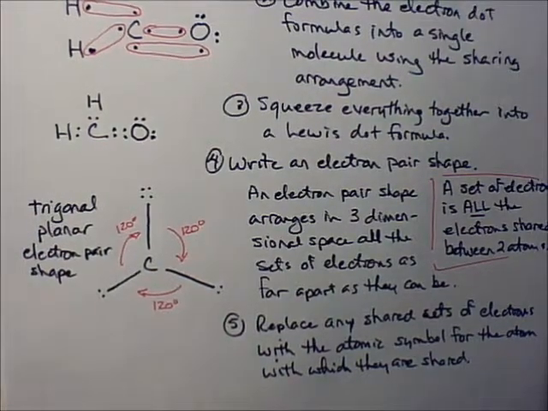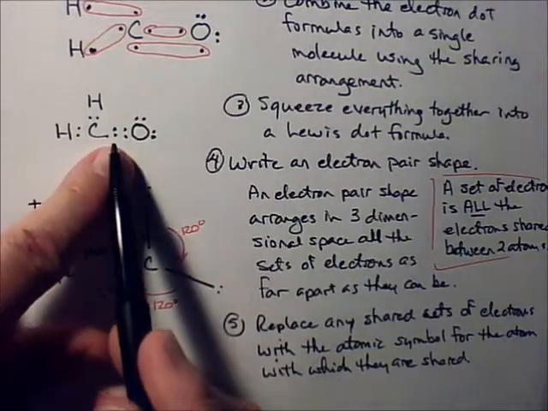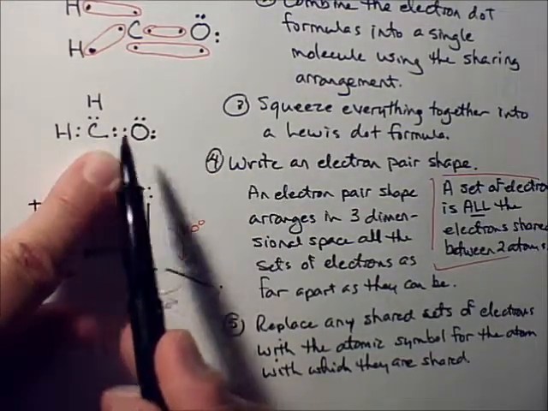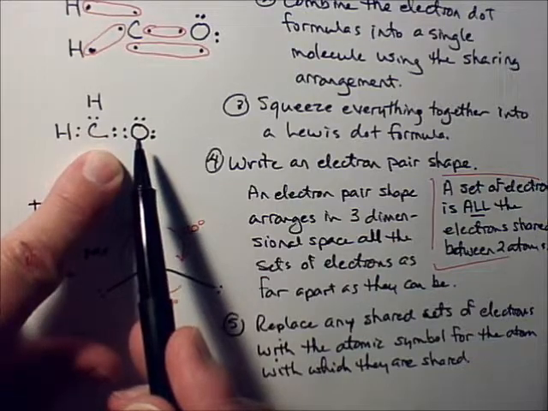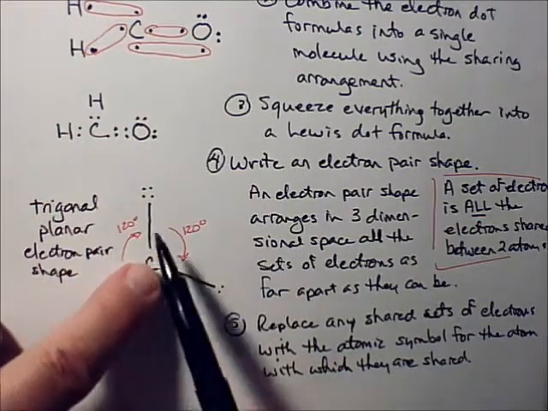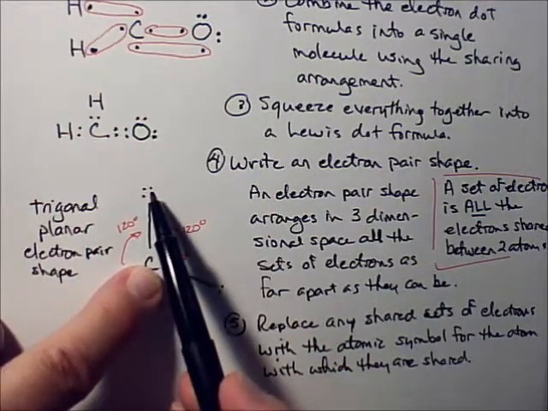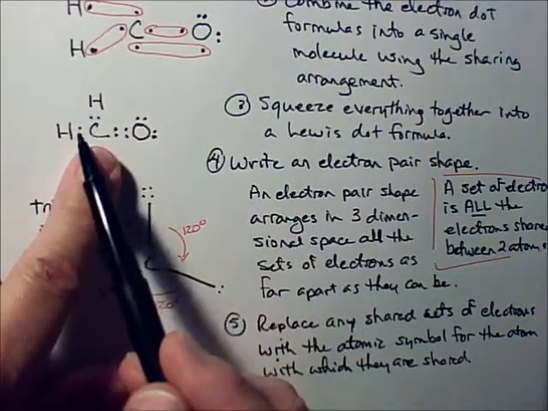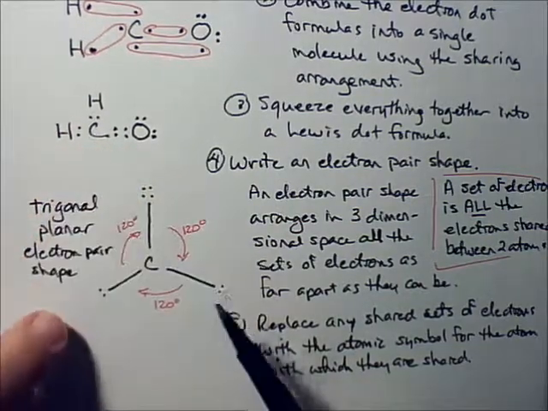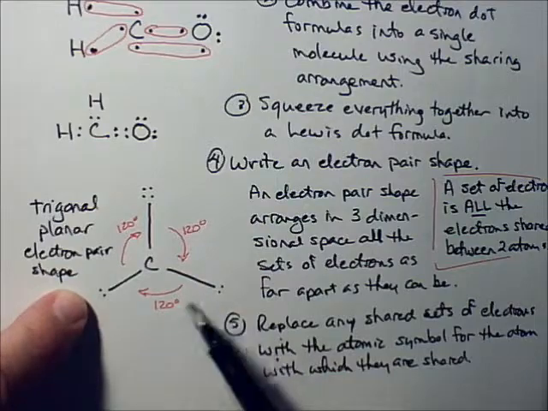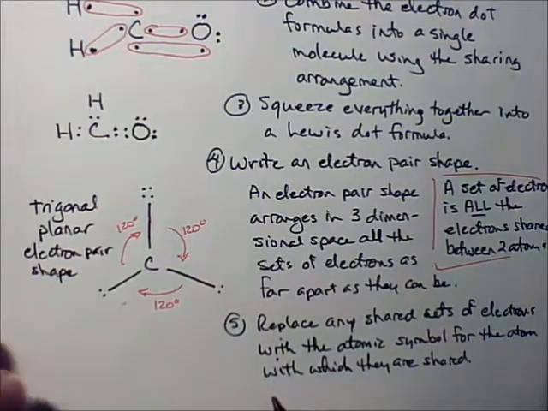Okay, so we've got to go back and revisit the Lewis dot formula a minute. This set of 4 electrons is shared with oxygen. So on this shape, oxygen needs to go up here. Both these sets of electrons here are shared with hydrogens. So down here where I've only got 2 electrons, we've got to put hydrogens down here.